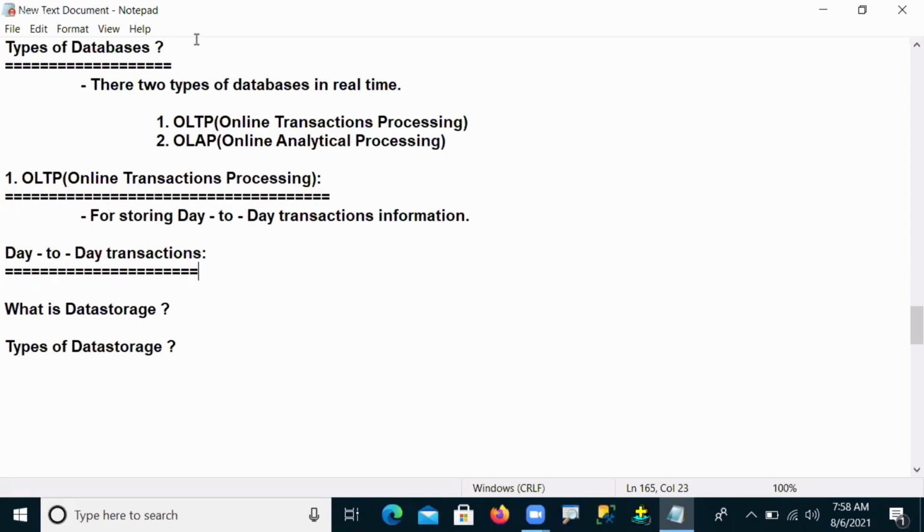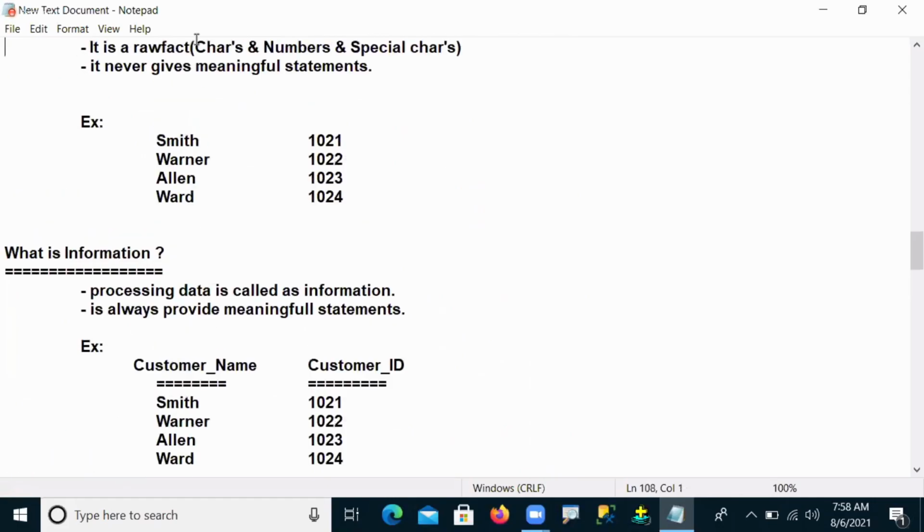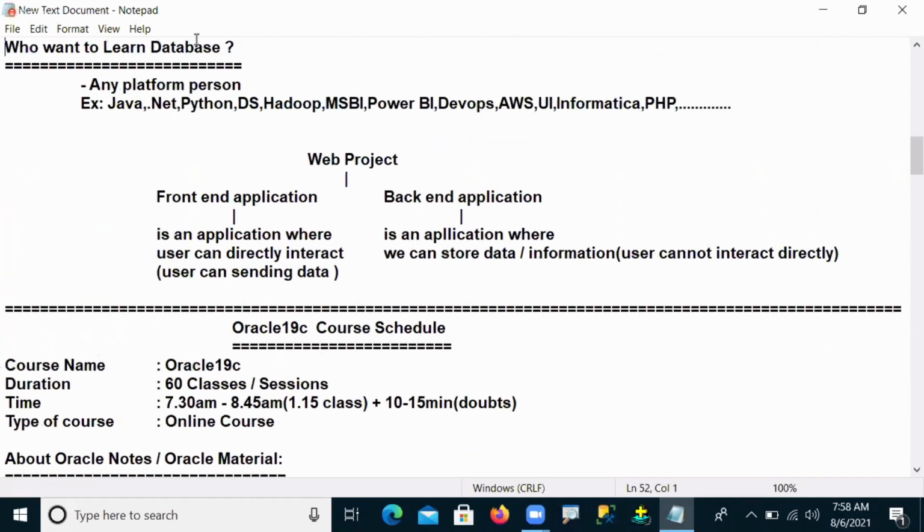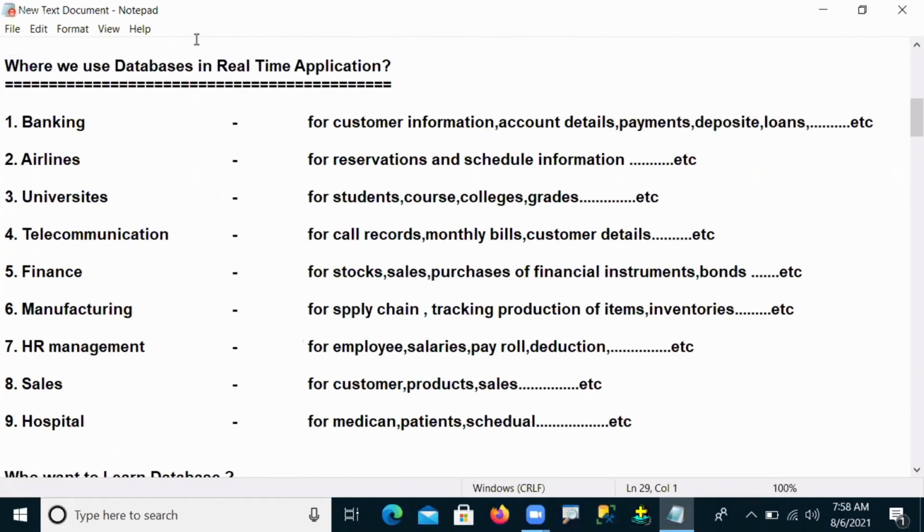Like this, in any transaction. There are so many different applications we are using, like banking transactions. After every banking transaction, once it succeeds or fails, the customer gets a message.